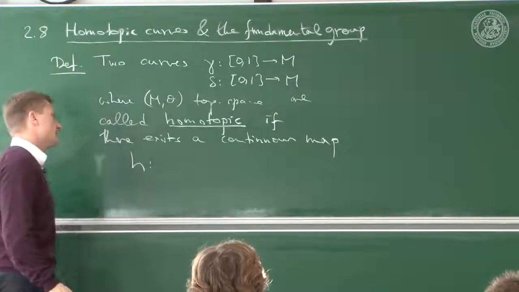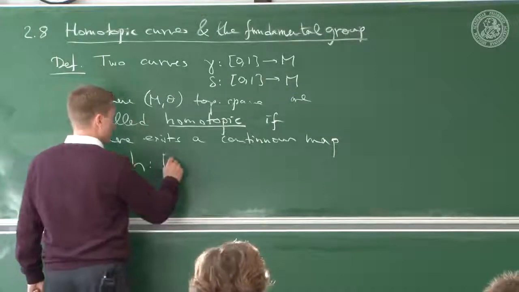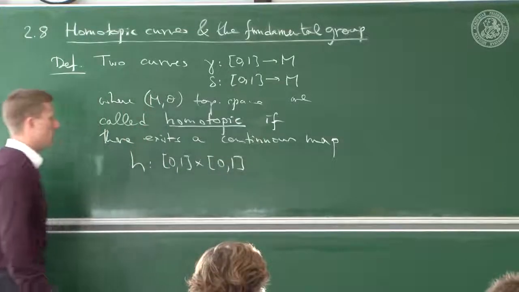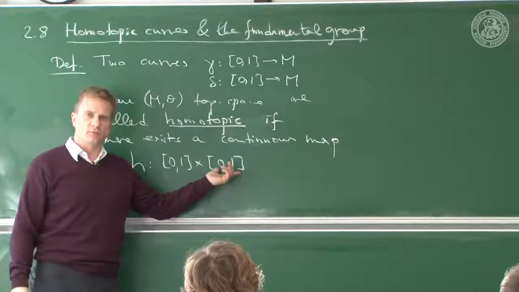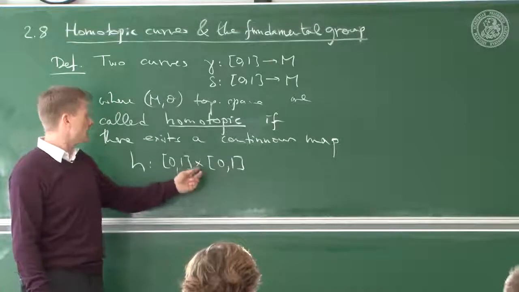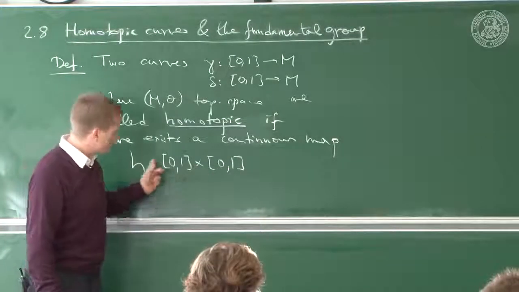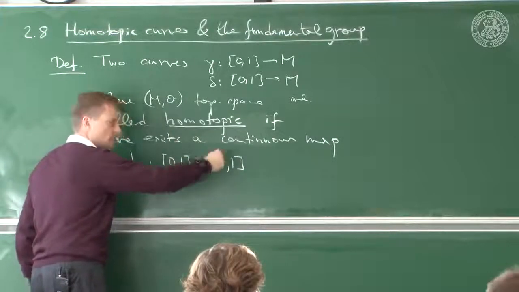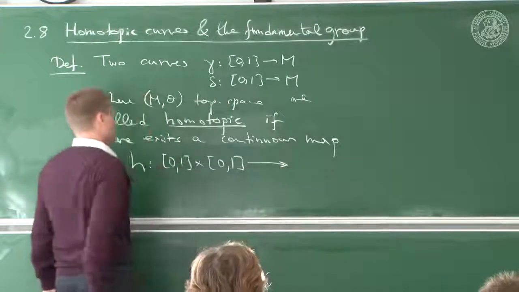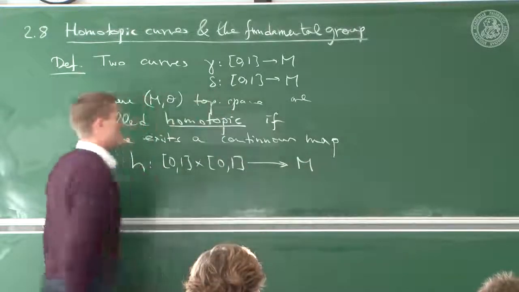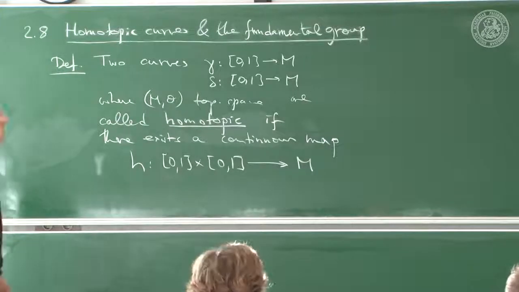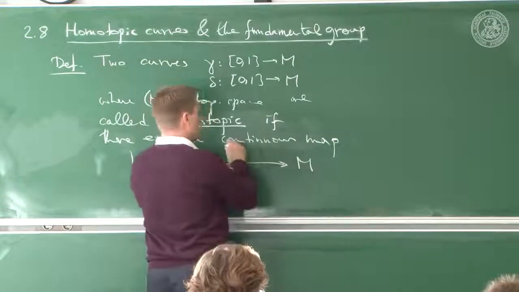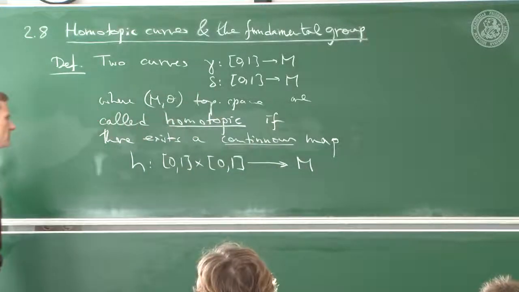There exists a continuous map H that takes you from [0, 1] Cartesian product [0, 1], of course, both of those equipped with the induced topology from the standard topology, and then the Cartesian product being equipped with the product topology. So this is all a topological space into the topological space M, and only because we know the topology on this whole set, and we know the topology here, can we meaningfully talk about a continuous map.